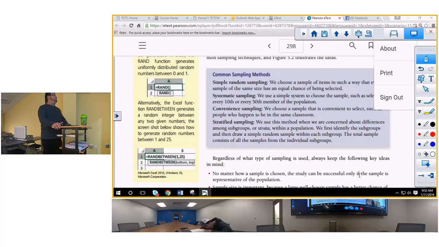Okay? That's a way to have a random sample and get through the whole population without having to interview every single person. So out of all of these, I would highlight simple random sample and systematic because those are the two most used.